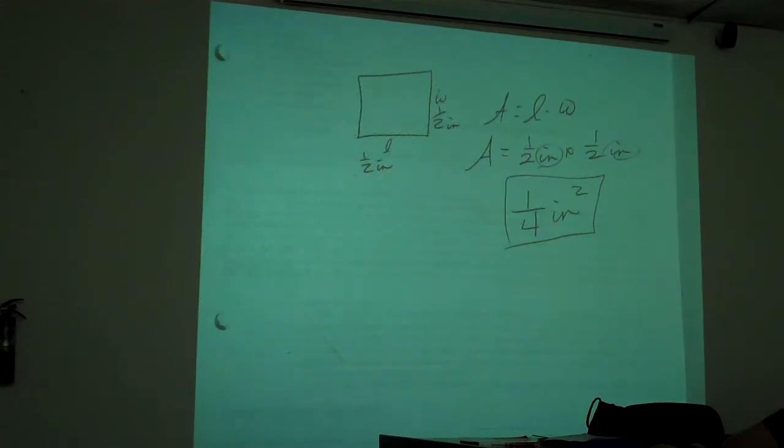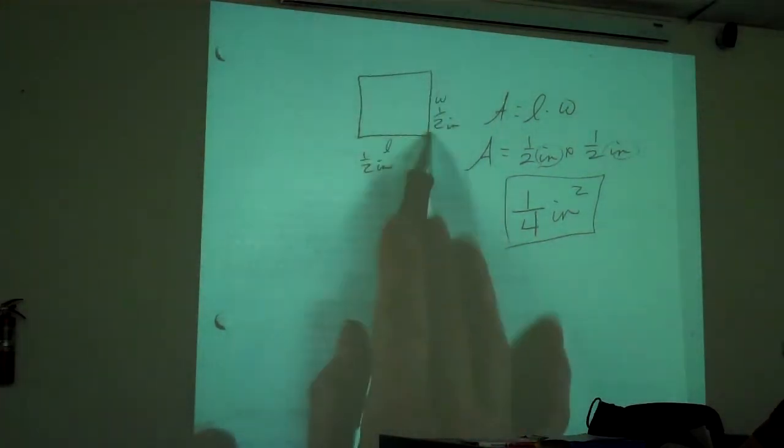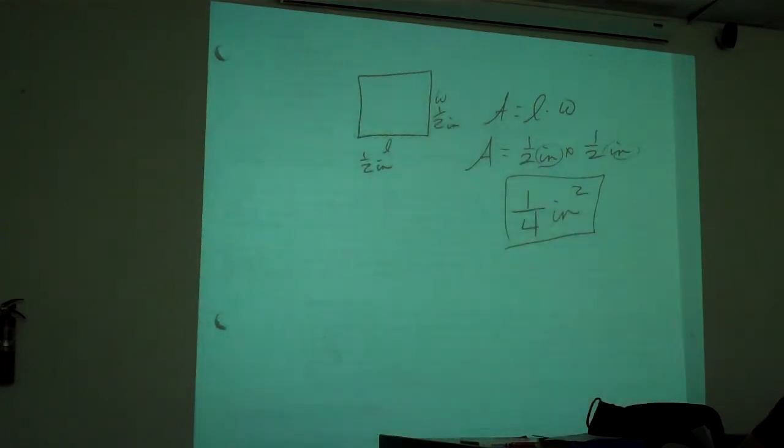Perimeter is like putting a fence around it. Perimeter, you add them all up. Area, you multiply. Perimeter is around it, and area is inside of it. Like the little G.I. Joe doll, you push the button and he says, guard the perimeter.